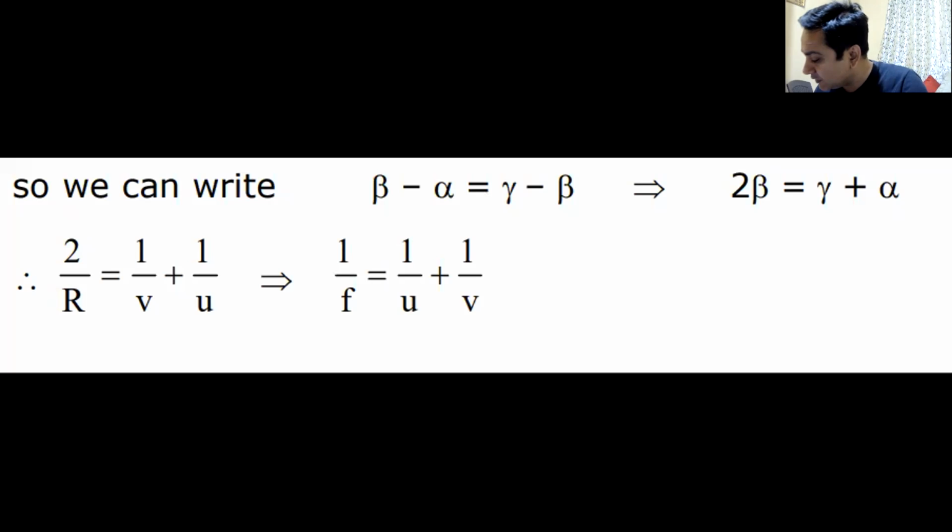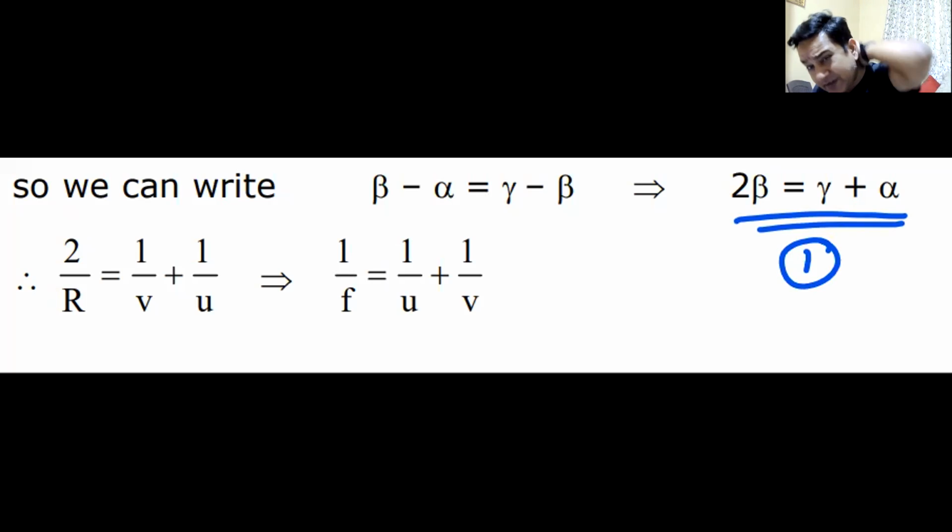I'll mark them. This is formula number 1: 2 beta is equal to gamma plus alpha. You will not find this anywhere, and we might skip it sometimes. Sometimes we think that things are not very important and we skip them, but this is an important formula. If a tough question comes, that is how they make the tough question.